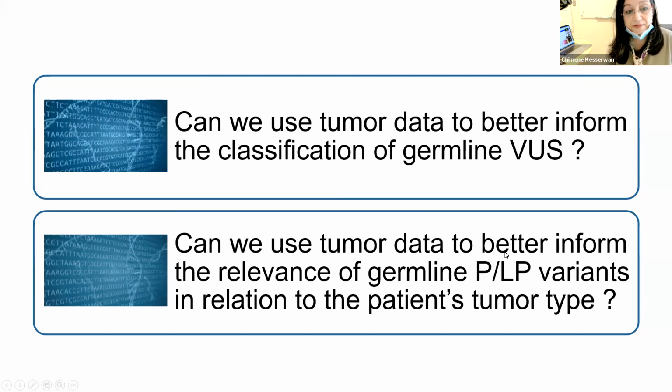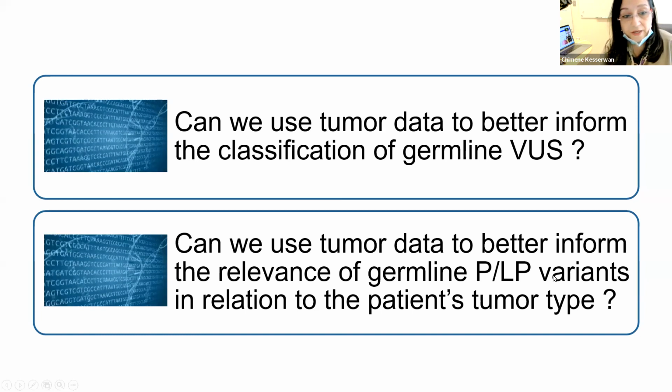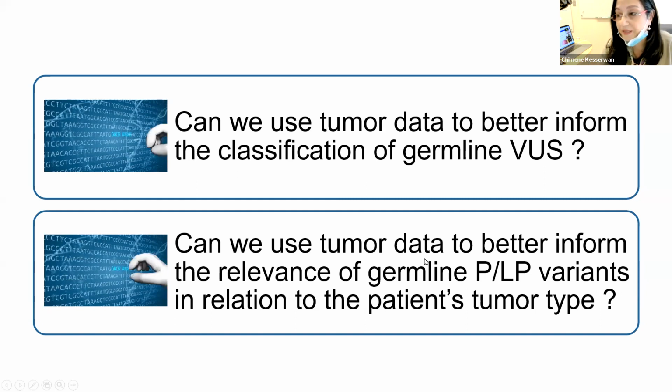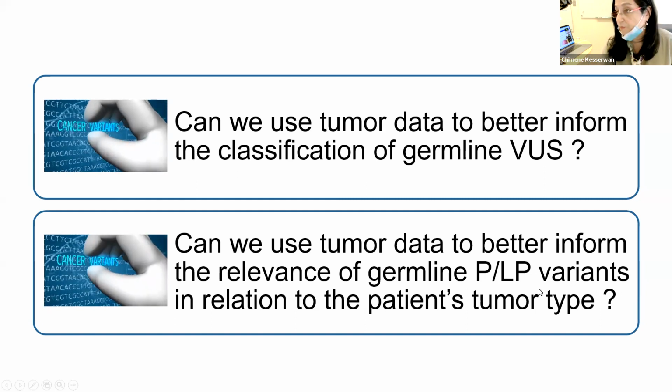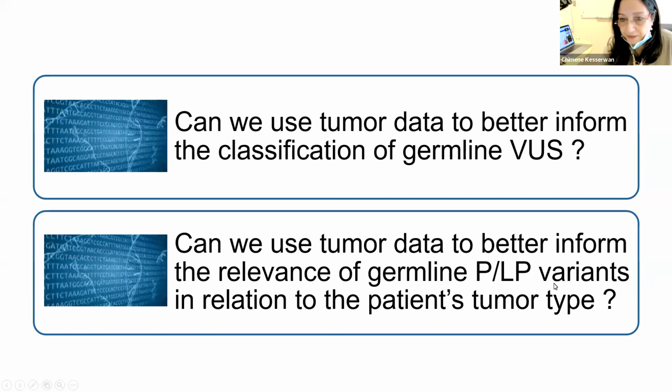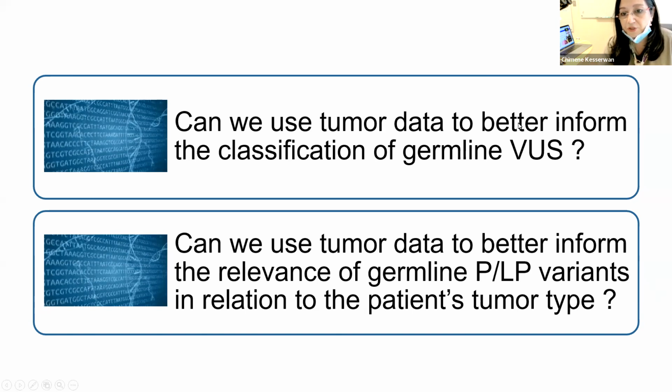And the second question: can we use tumor data to better inform the relevance of germline PLP variants in relation to the patient's tumor type? Is it incidental, or causal, or relevant to the tumor? These two questions were in our mind when we had the data, and we tried to come up with some association.